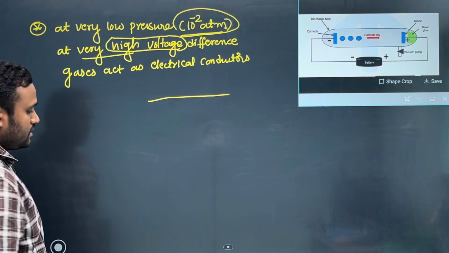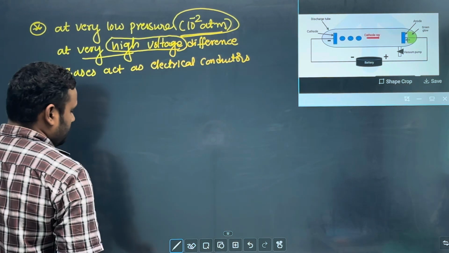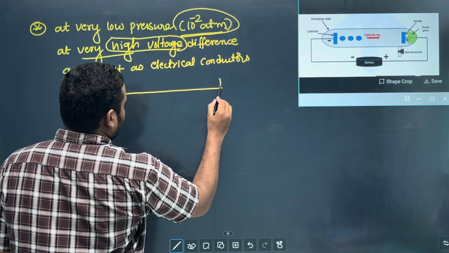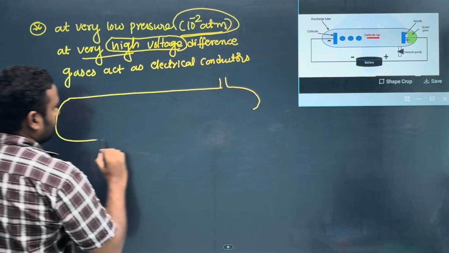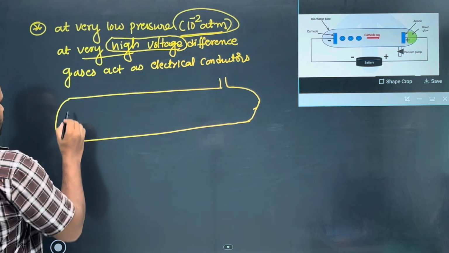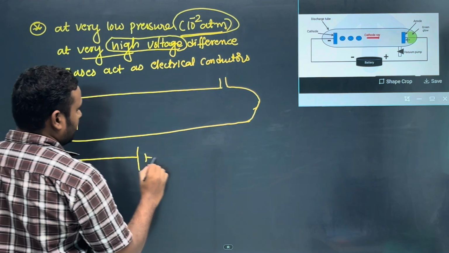So let us consider this is the discharge ray tube. A rough diagram I am going to draw. In this, two metal plates are sealed in it.